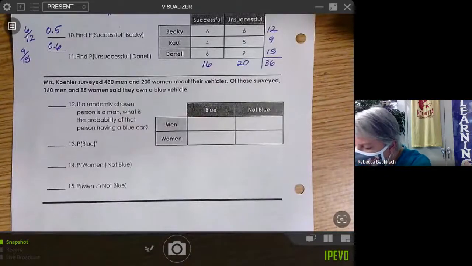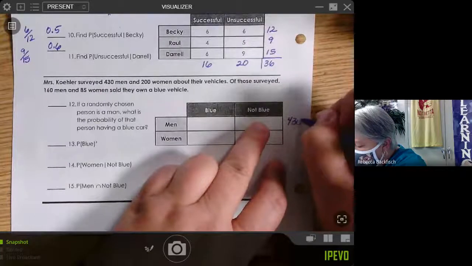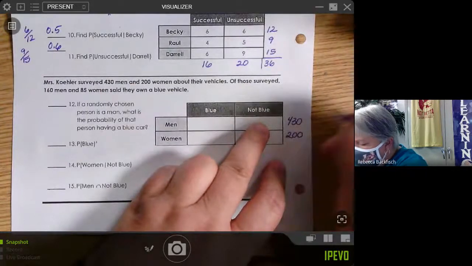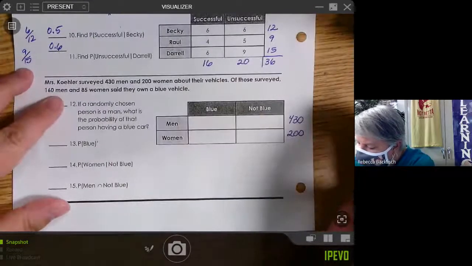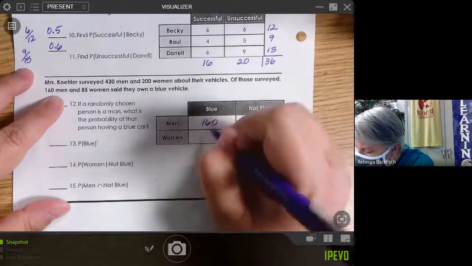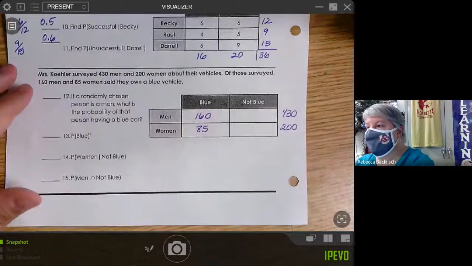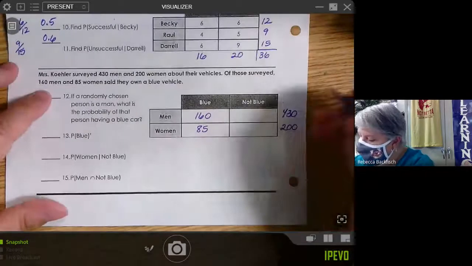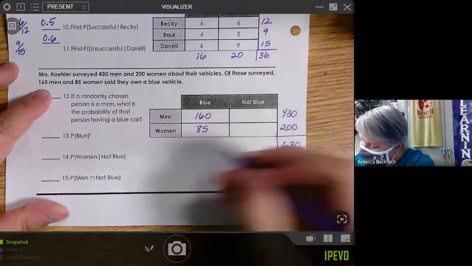Mrs. Kohler surveyed 430 men and 200 women about their vehicles. Of those surveyed, 160 men and 85 women said they own a blue vehicle. Okay, so now the first thing I need to do is finish the chart. I've got 630 total.